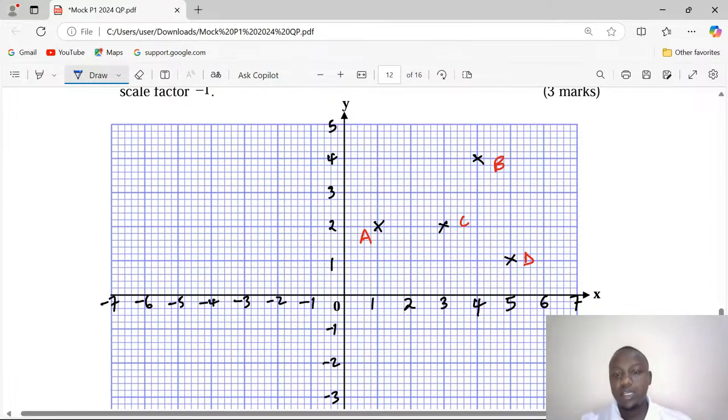We are supposed to connect in order, not just anything close to another one.